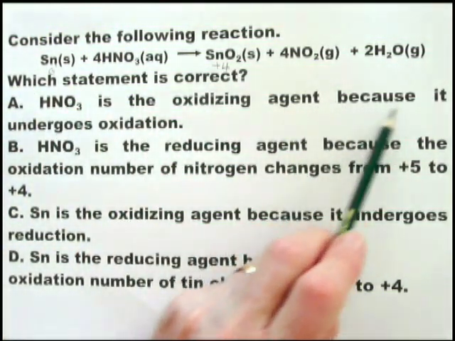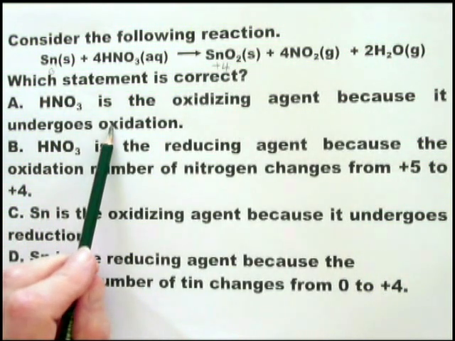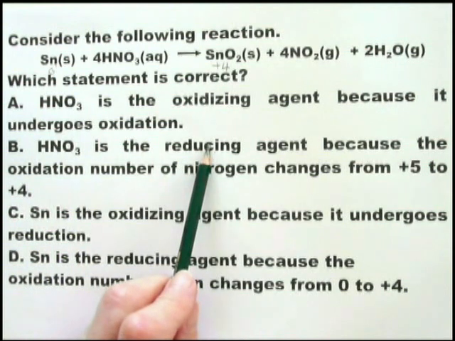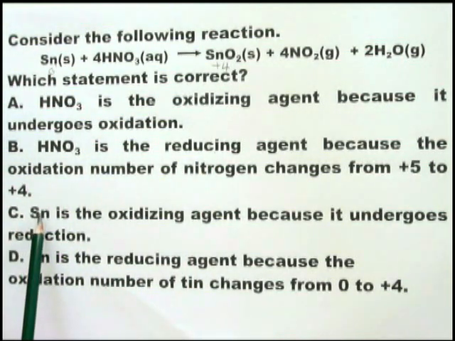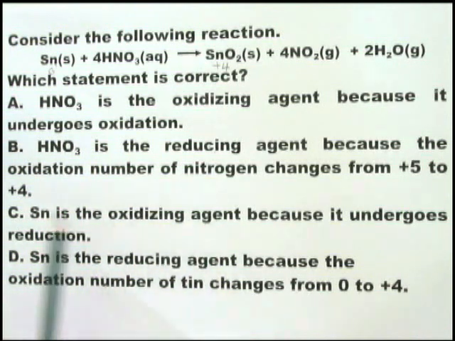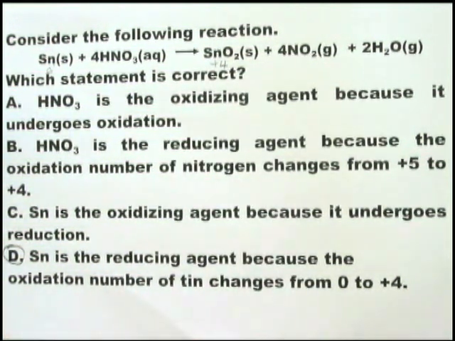HNO3 is the oxidizing agent because it undergoes oxidation. No, that doesn't make sense. HNO3 is not the reducing agent. No, so that's wrong. Sn is the oxidizing agent because it undergoes reduction. No, we know that's wrong. Sn is the reducing agent, yes, because the oxidation number of the tin changes from 0 to +4. Right. Again, within 10 seconds, just by reading through them.